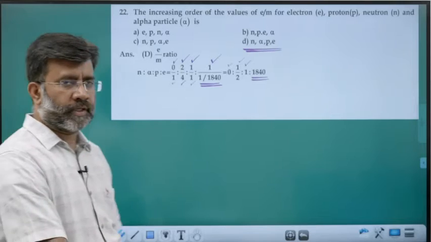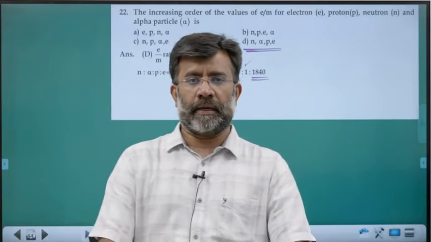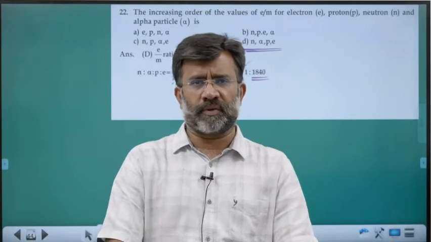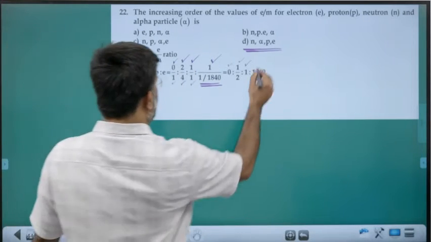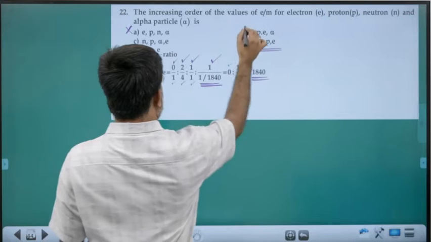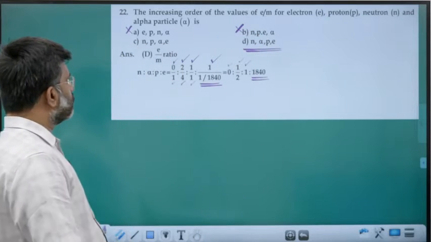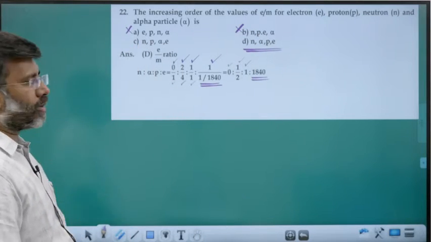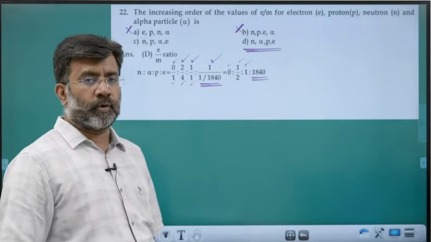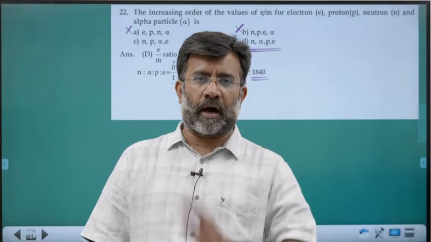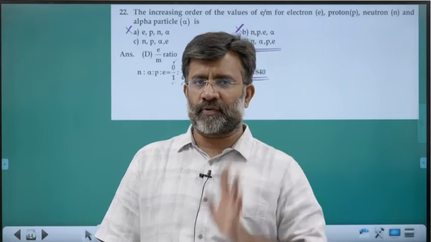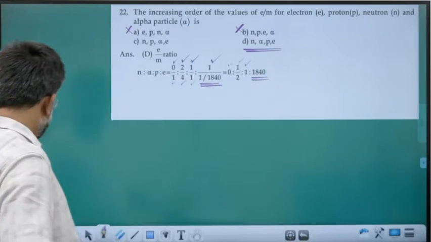E by M value is maximum for electron because the mass is negligible. See, when you know the electron is maximum, straight away these two options are cancelled. Then you need to compare between proton and alpha only. Alpha it is 2 by 4, half. Proton it is 1. That's enough to identify the answer. Next.